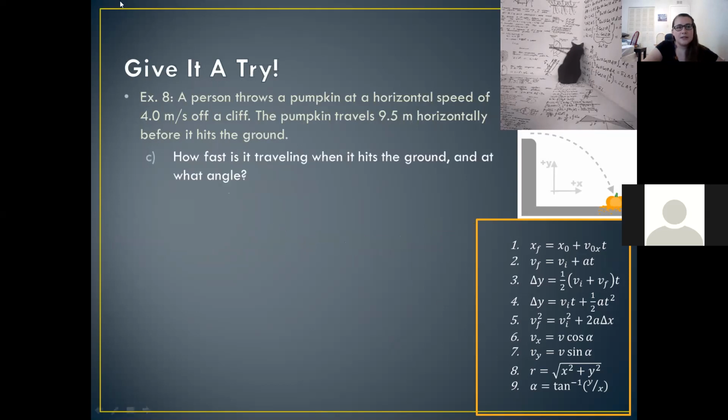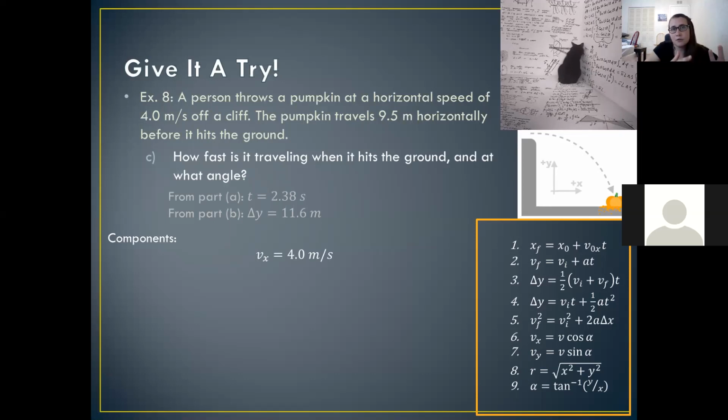Okay. Part C, how fast is it traveling when it hits the ground and at what angle? So we know from part A, the time. We know from part B, the height, the distance that it's falling down. So we can find the components of the velocity. We should know by now that since there is nothing anymore pushing it sideways, we have a constant velocity in the x direction.